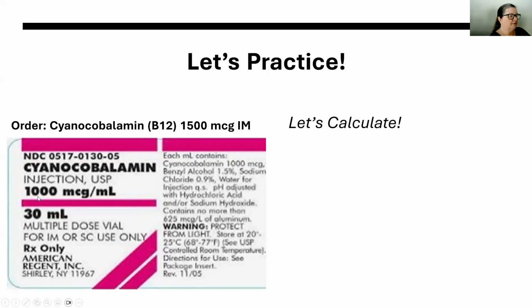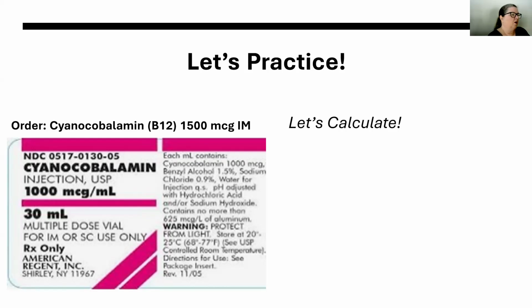On this label, don't get confused by this where it says 30 mLs. If that's all it says, if it just has a number and the mLs, that means that's how many milliliters are in the whole vial. It has nothing to do with the dosage. That's what the whole vial is holding.